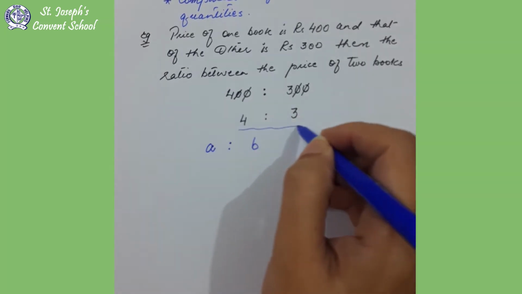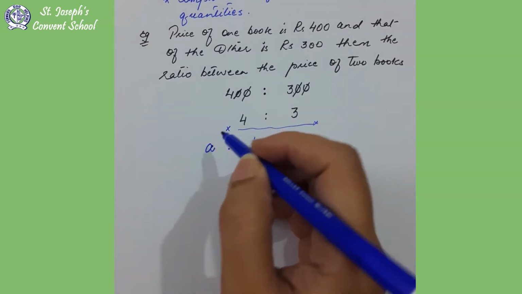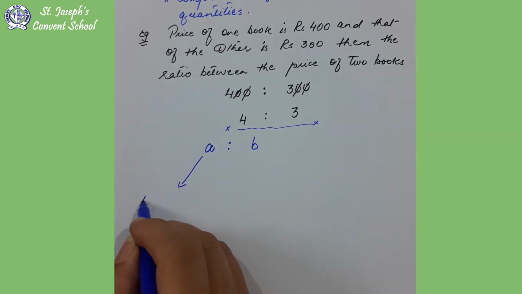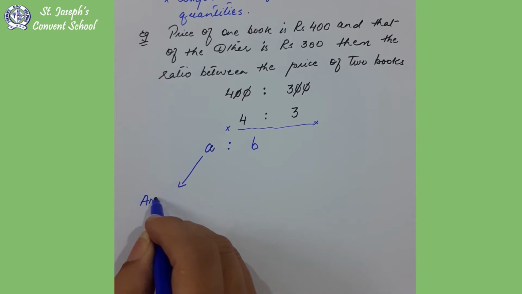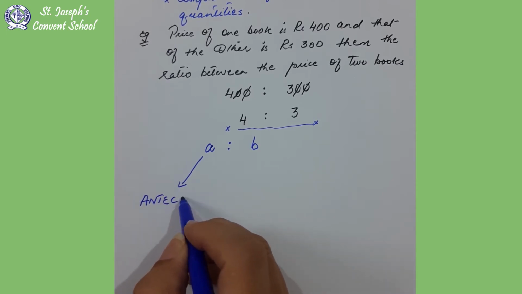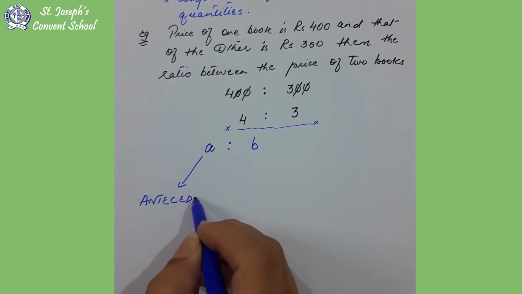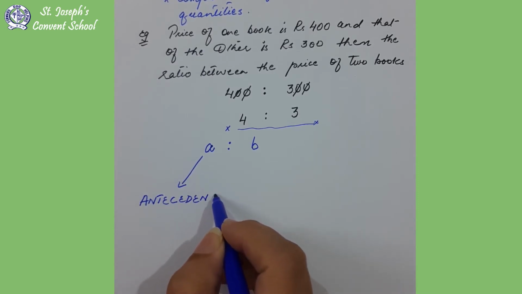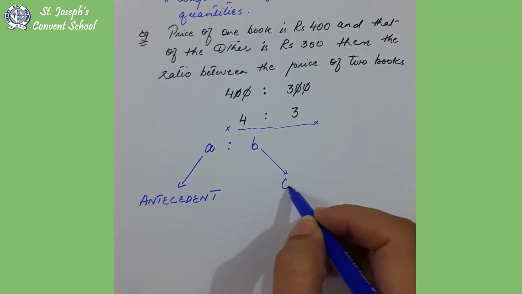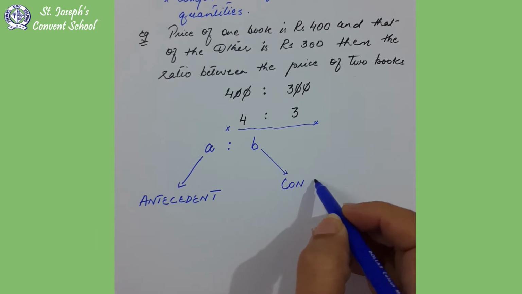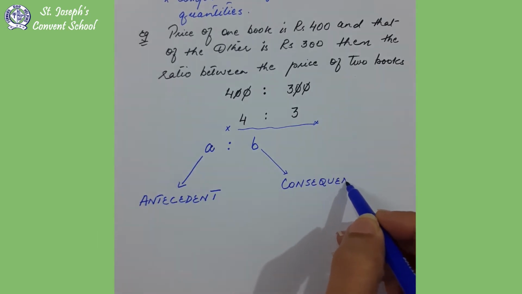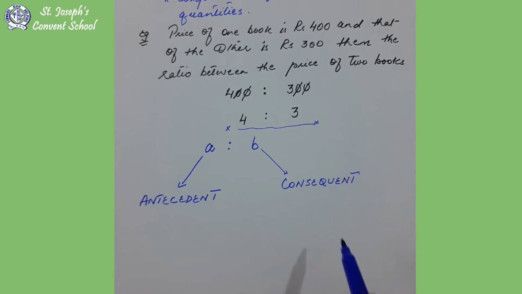Now A is to B: the first is known as the antecedent, and this is known as the consequent.